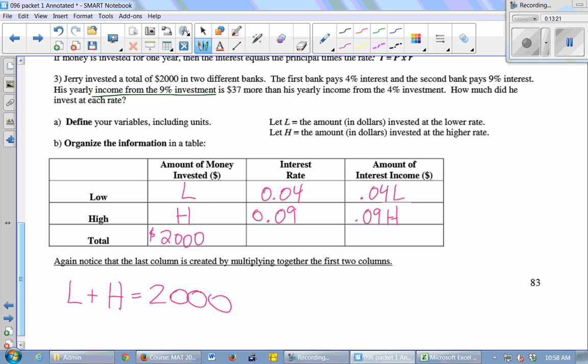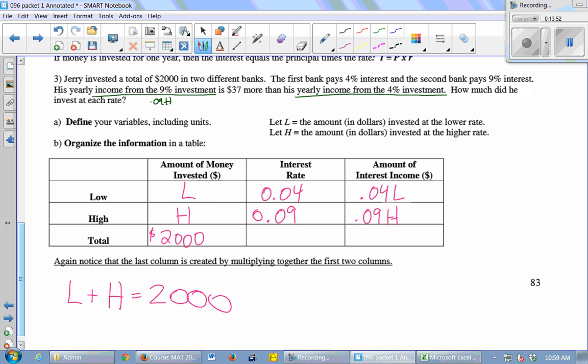What expression in this table represents his income from the 9% investment? 0.09 H. H was the amount he put in that investment, and his interest income is 0.09 H. So that is 0.09 H that it's referring to. And they're saying 0.09 H is $37 more than his yearly income from the 4% investment.